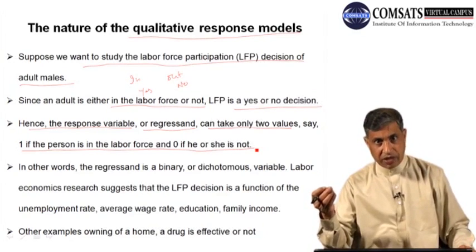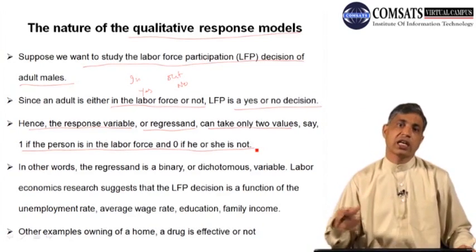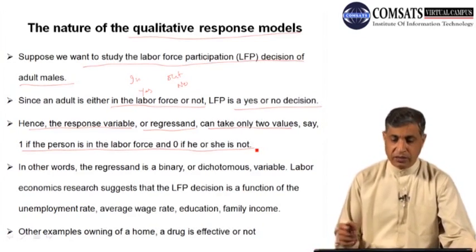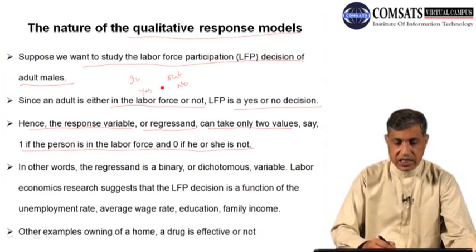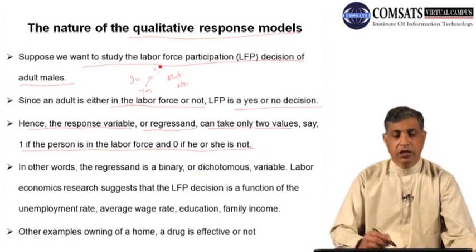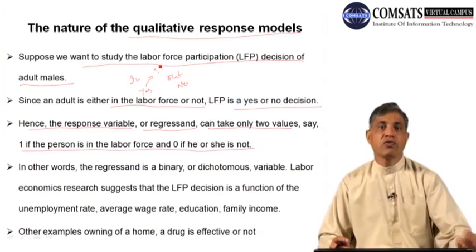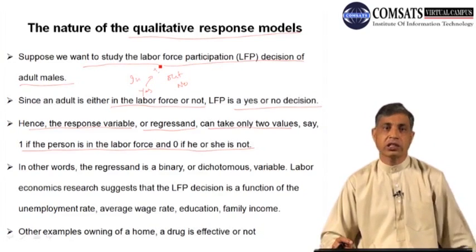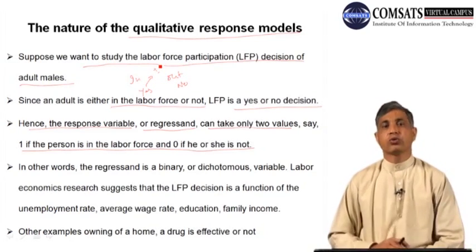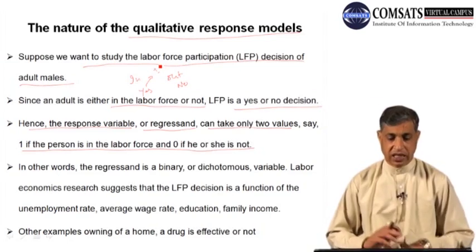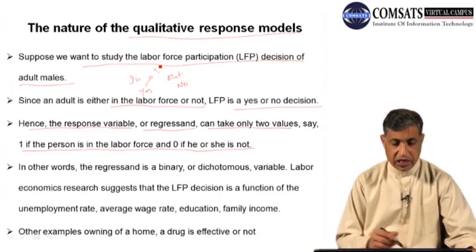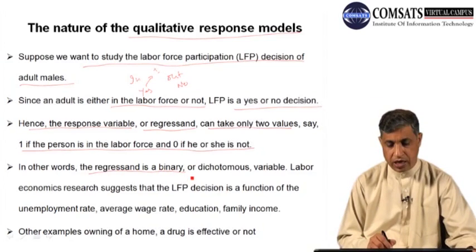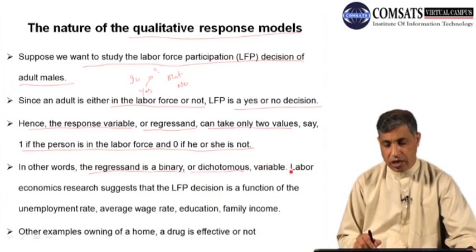Are they part of the labor force or still out of it? It is up to you, but for example, if they say yes, you code it 1. The coding is necessary because we will be using a dummy variable, and unless we code this, we are unable to see its effect. In other words, the regression is binary, or dichotomous, the same thing.